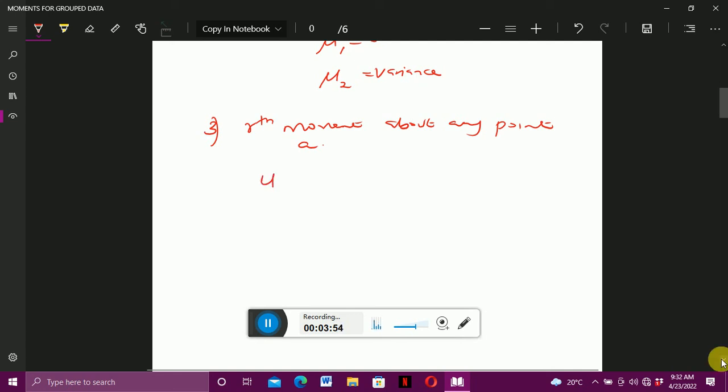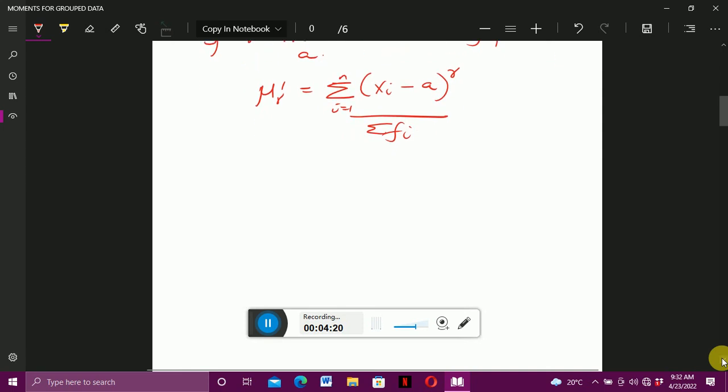So now mu r prime is given by the sum from i equal to 1 to n of fi times xi minus a raised to power r, all that divided by sum of fi. So that is the rth moment about any point A.